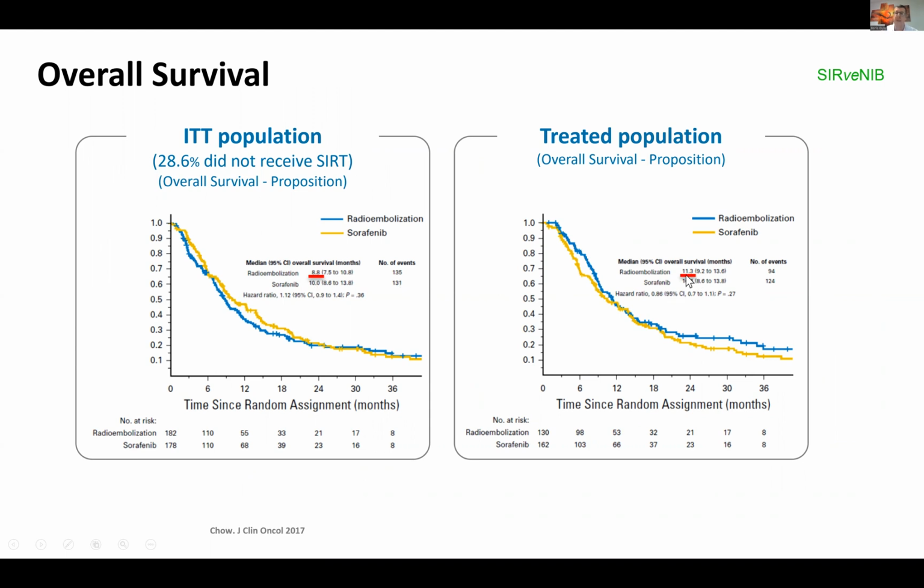So again, there is a signal that when you focus on patients who actually receive Y90, the OS seems to be increased, but the trial is negative. And again, nearly 30% of patients did not receive Y90, whereas they were actually randomized in the Y90 arm. It is really a big problem.